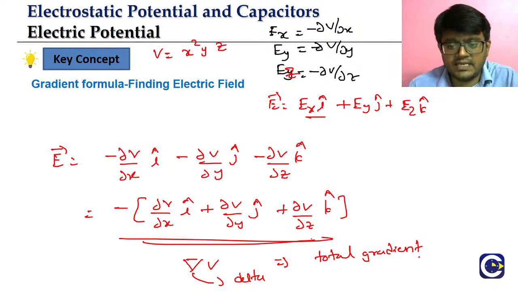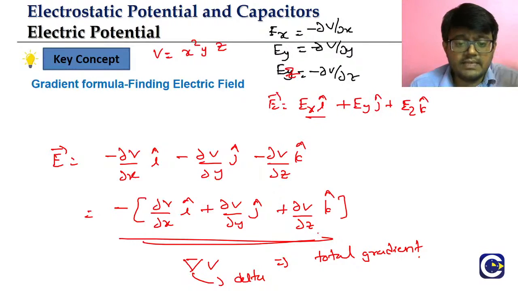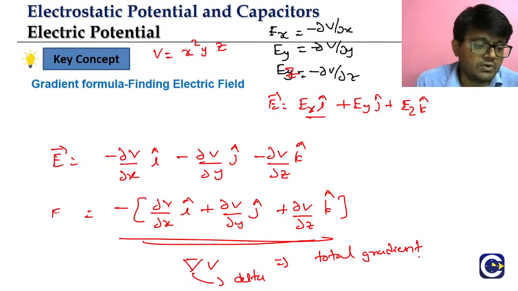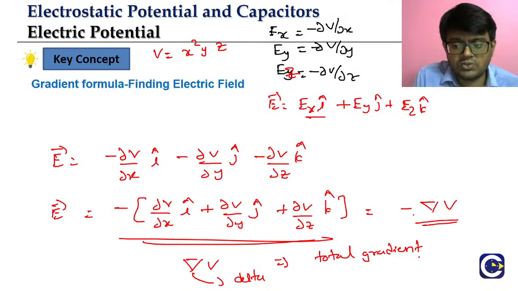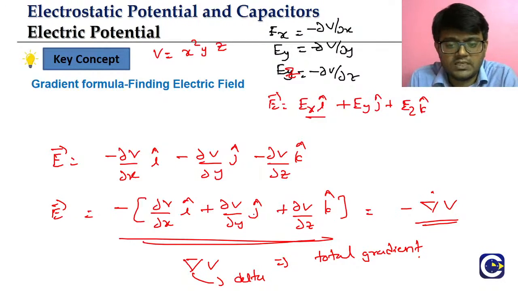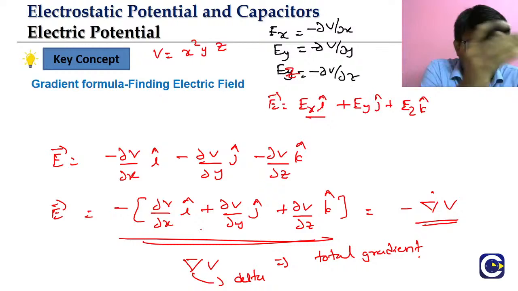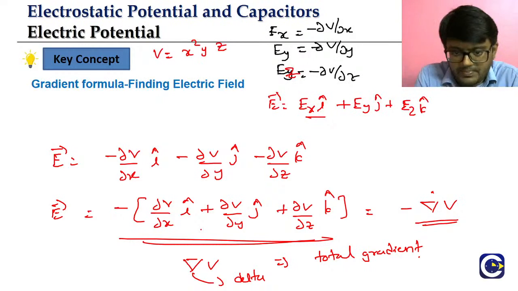But we only require the method to get the electric field function. Mathematically people also represent it as minus delta v. Delta represents the total gradient value, meaning dou v by dou x into i cap plus dou v by dou y into j cap plus dou v by dou z into k cap. We can also use the word total gradient.